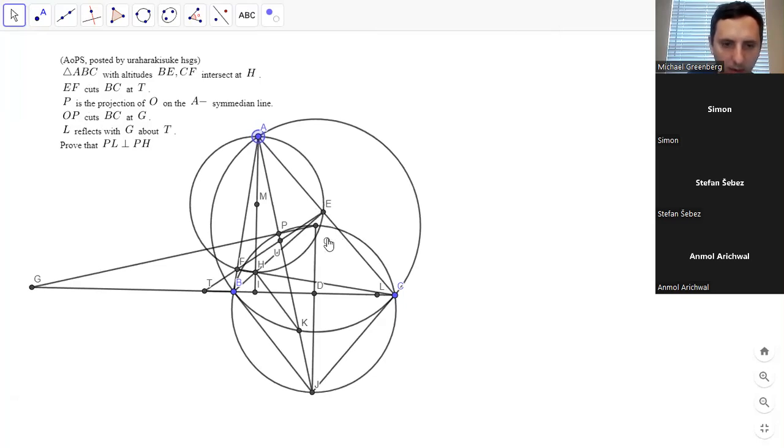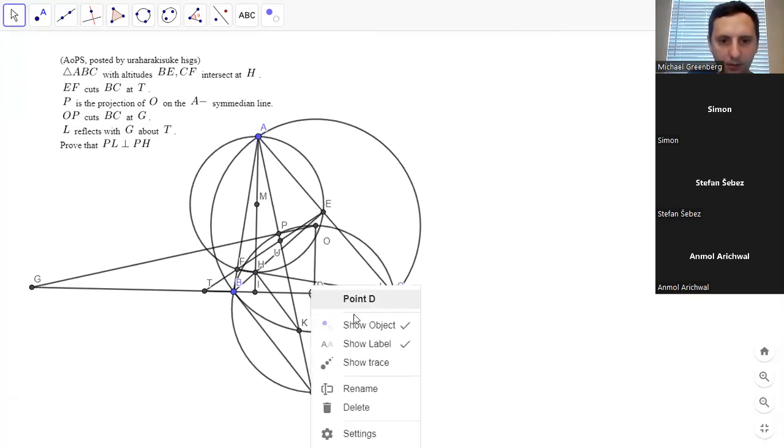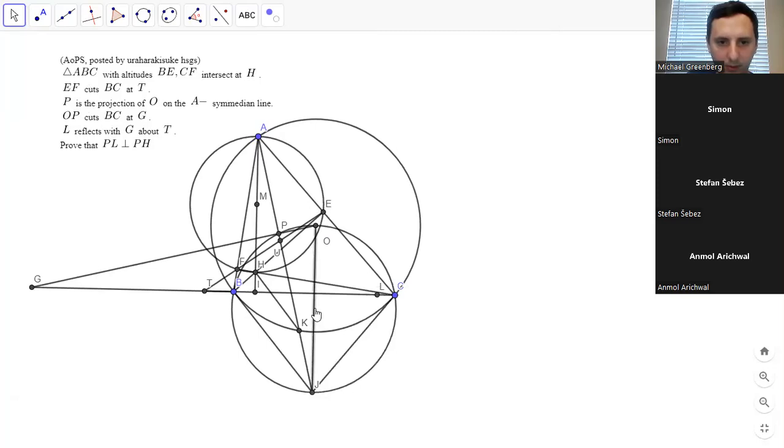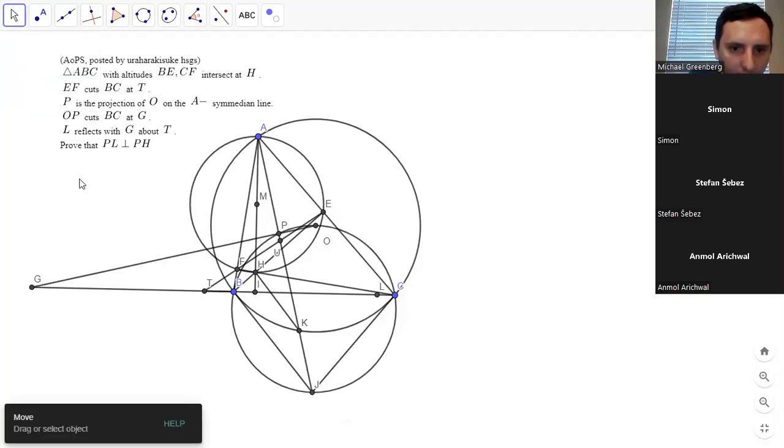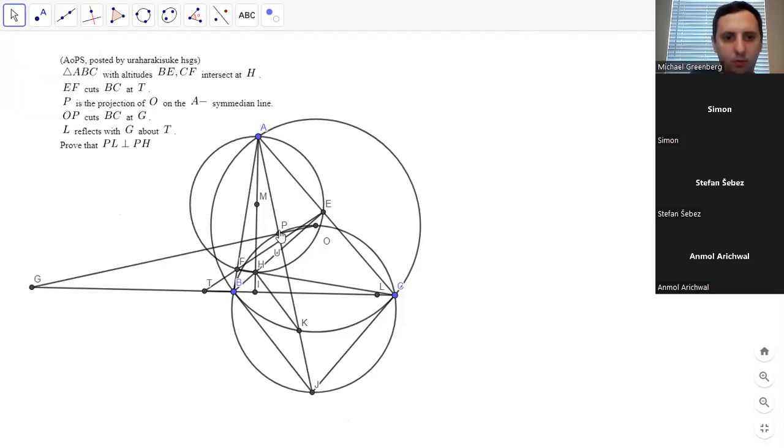We don't need point D. We don't need this. Okay, so we want to show, I'm trying to remember what we just did, but we want to show HK is perpendicular to PT. That's kind of the first step. And we did that.